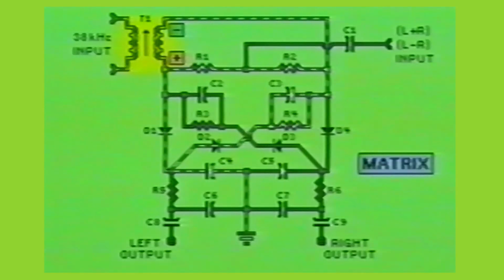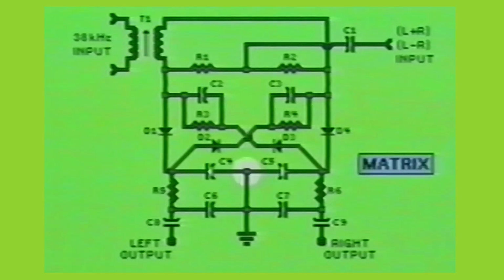Capacitor C4 charged when diodes D1 and D2 conducted current. Notice, the junction of capacitors C4 and C5 is tied to ground. The left and right audio channels see no signal level since both capacitors C4 and C5 have the same applied voltage but are of opposite polarity with respect to ground.